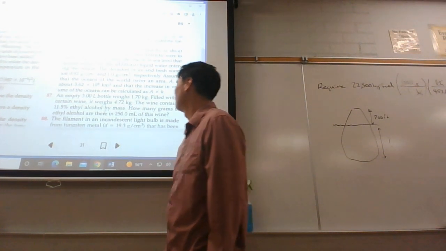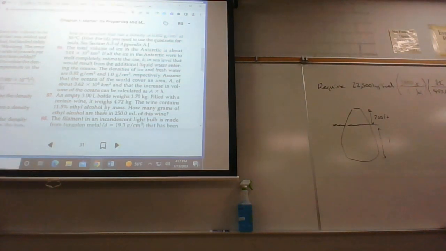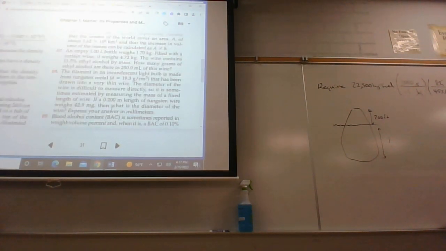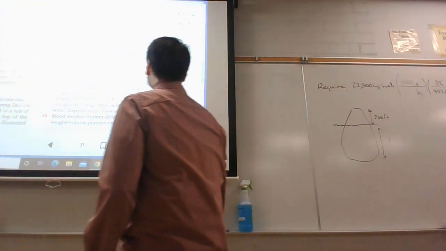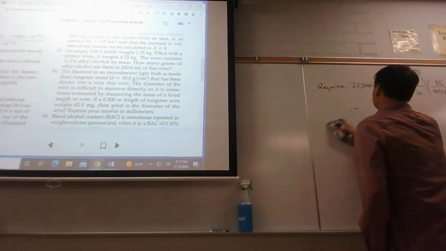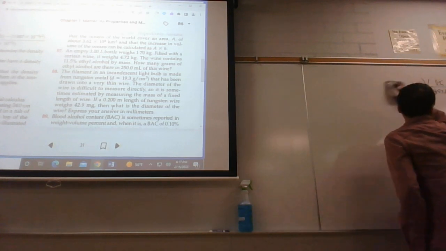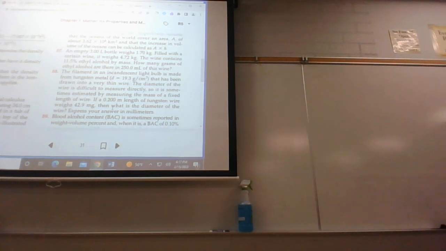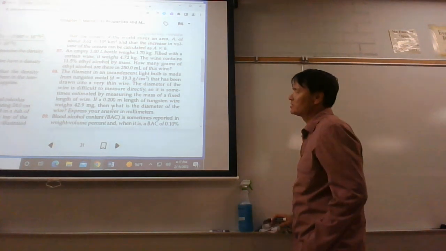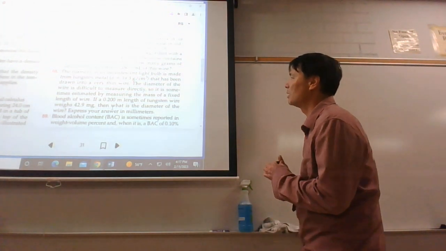87. An empty 3.00 liter bottle weighs 1.70 kilograms. I don't know how this got into the advanced section, because this is a pretty basic problem, I think.